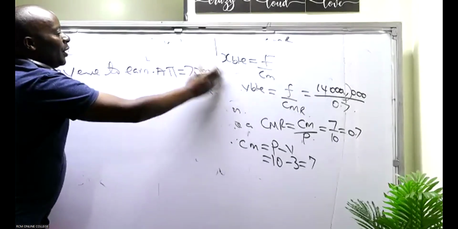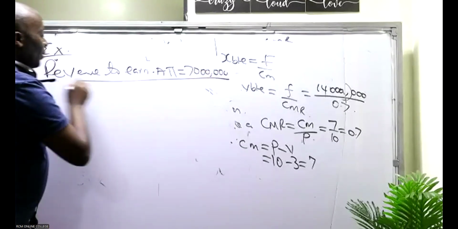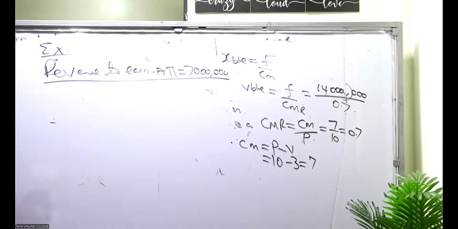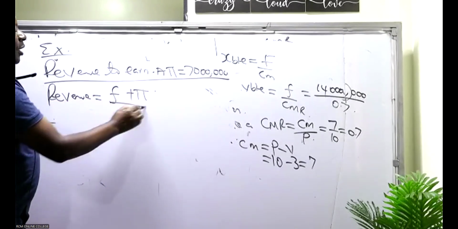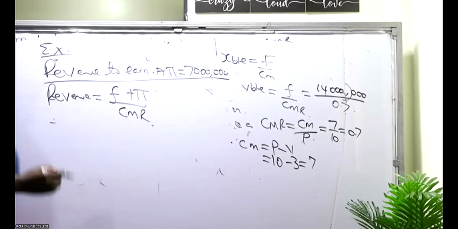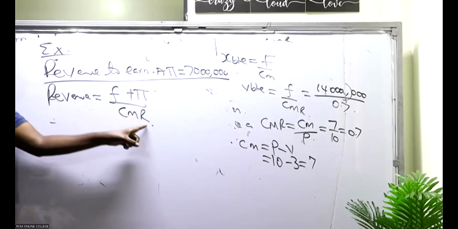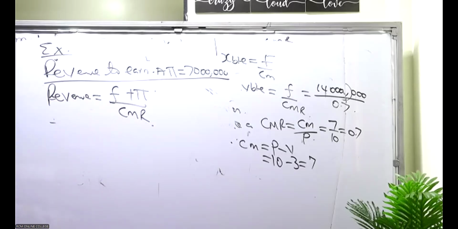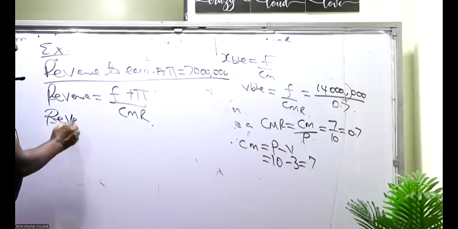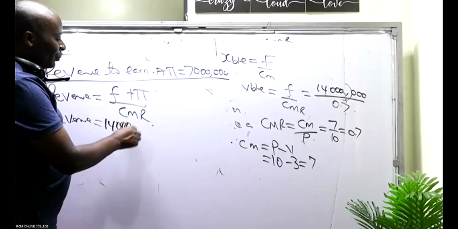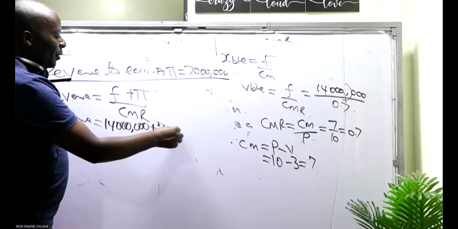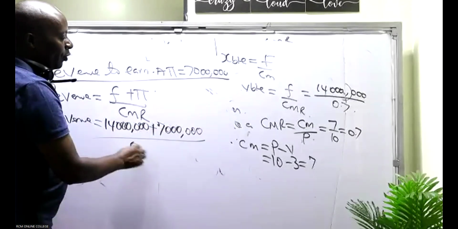Because they want revenue, this revenue will be fixed cost plus profit over CMR. I'm going to cram this: revenue has to work with CMR. So this revenue will be equal to the firm's fixed cost, which was 14 million, plus the profit of 7 million being targeted, all over CMR of 0.7.